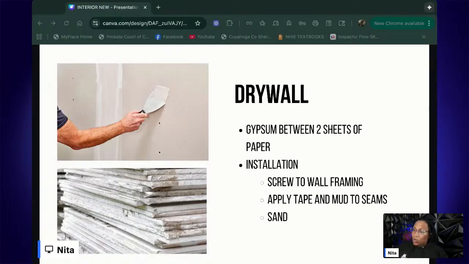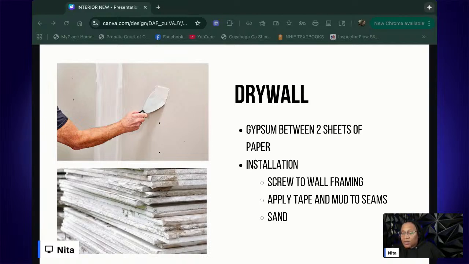So when you look at the walls in the interior of your house, that is most likely 1/2 inch drywall. Now if you're looking for a heavier drywall that's fire rated for your ceilings, garage, and different things like that, then you can get it where it is 5/8 of an inch.